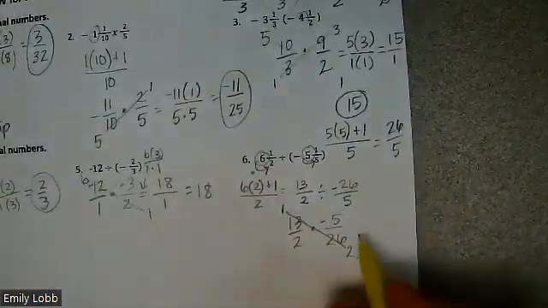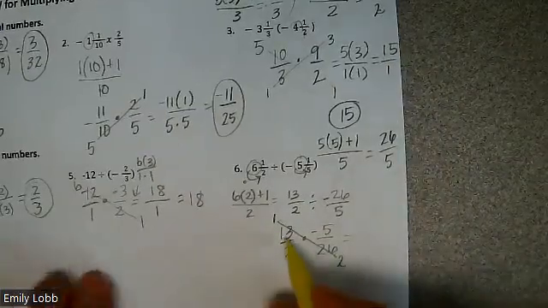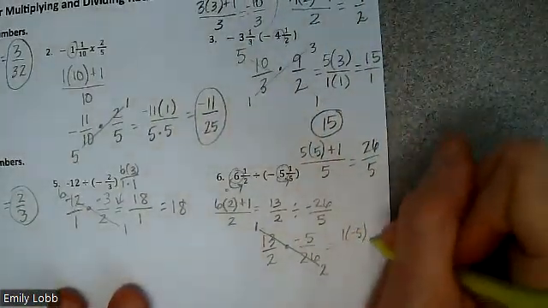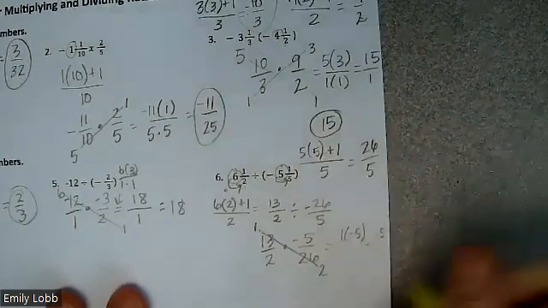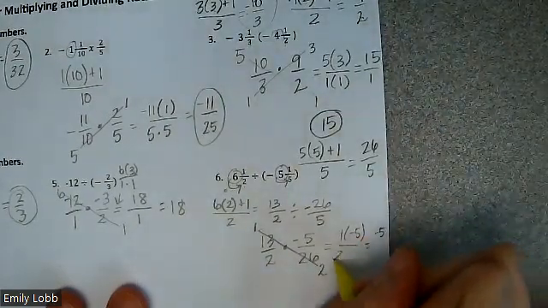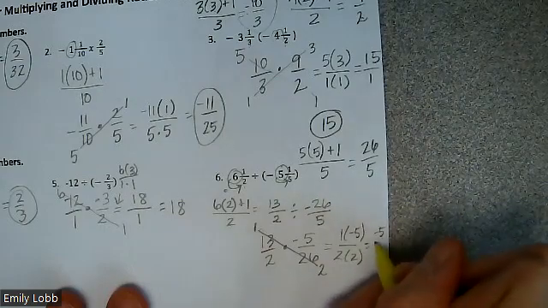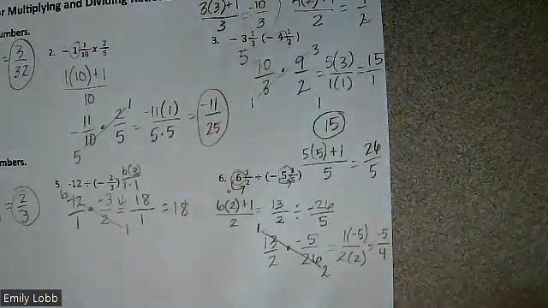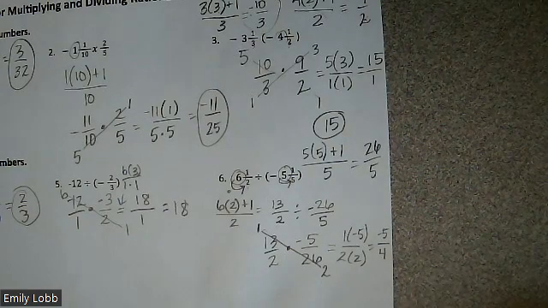Now I'm multiplying. What's 1 times negative 5? Negative 5. And what is 2 times 2? 4. Can I leave it like this? No, you need to simplify. Anytime my numerator is bigger than my denominator, I have to simplify.